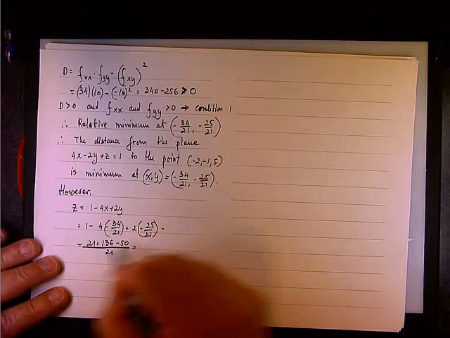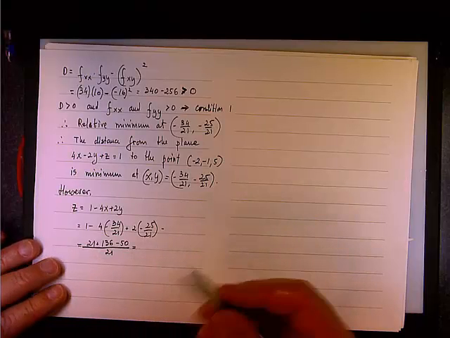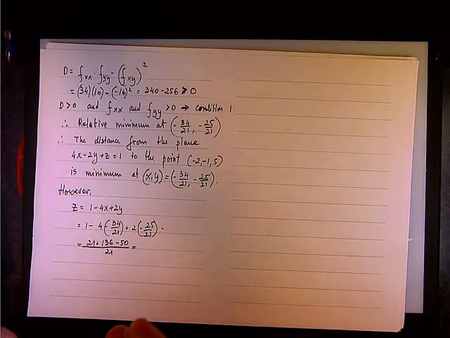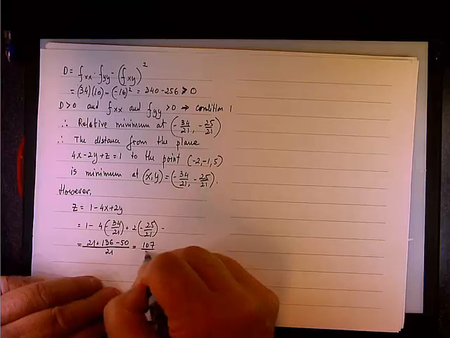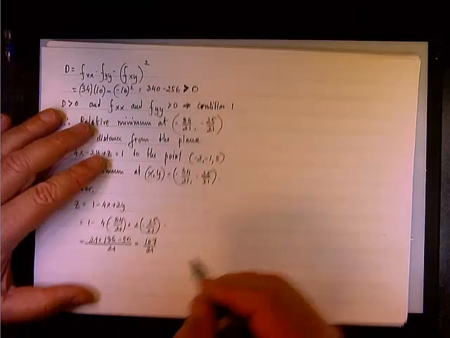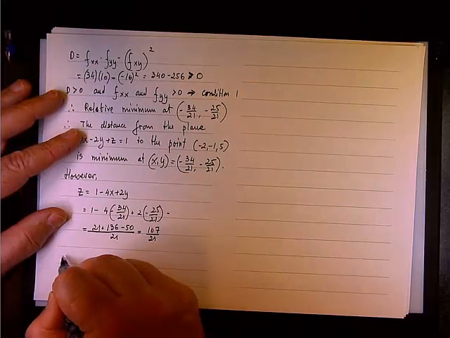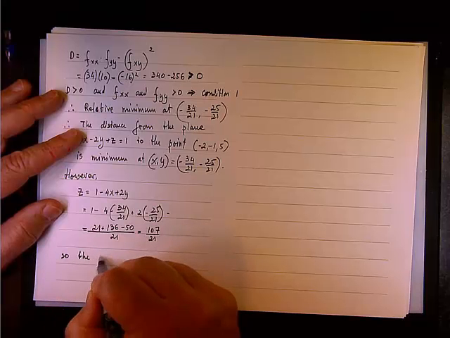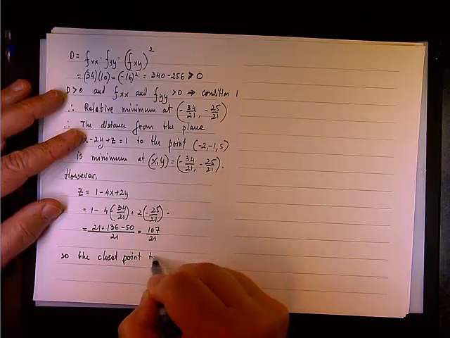Let's see, you have 21 plus 136, right? And here we have minus 50 over 21, and that will be 107.